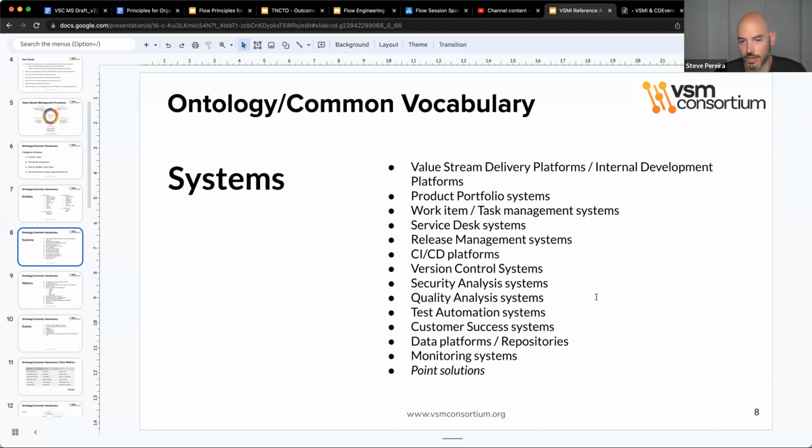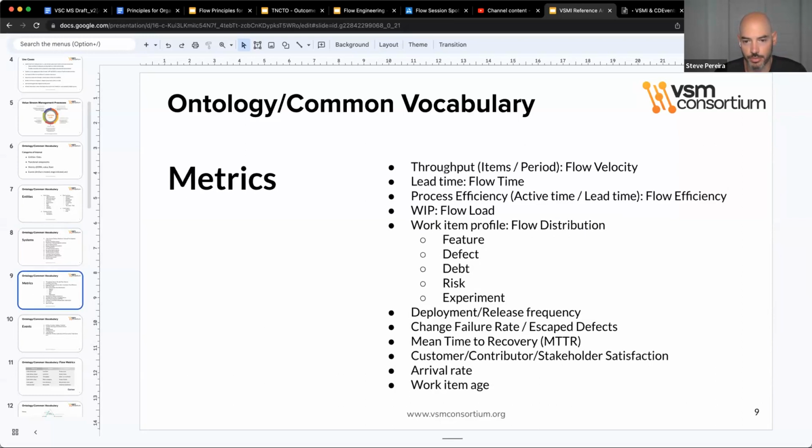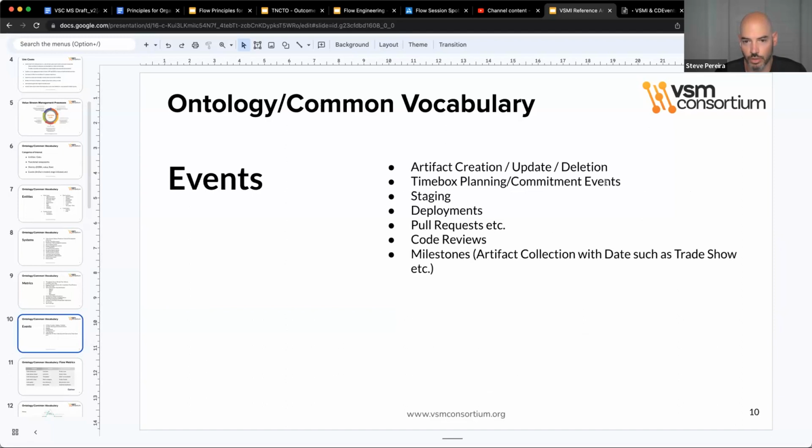Sometimes they're acting on that data, but in our world, they're primarily generating, storing and representing this data. And then metrics being all of the calculation of what's actually happening, and the events being the source of a lot of those metrics.